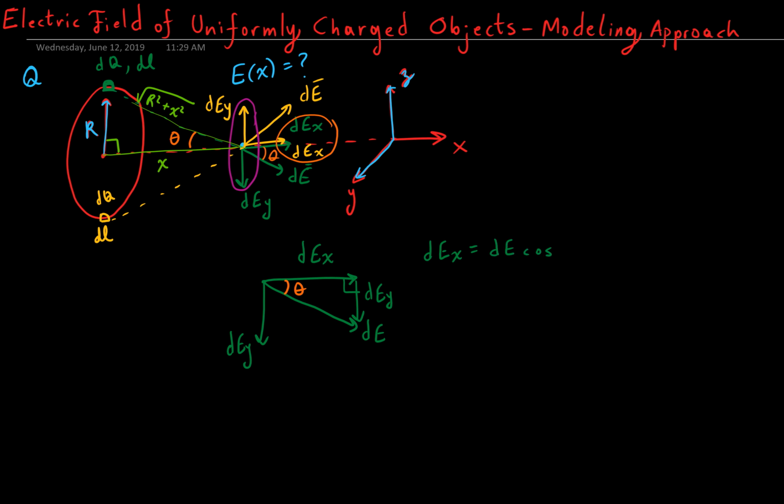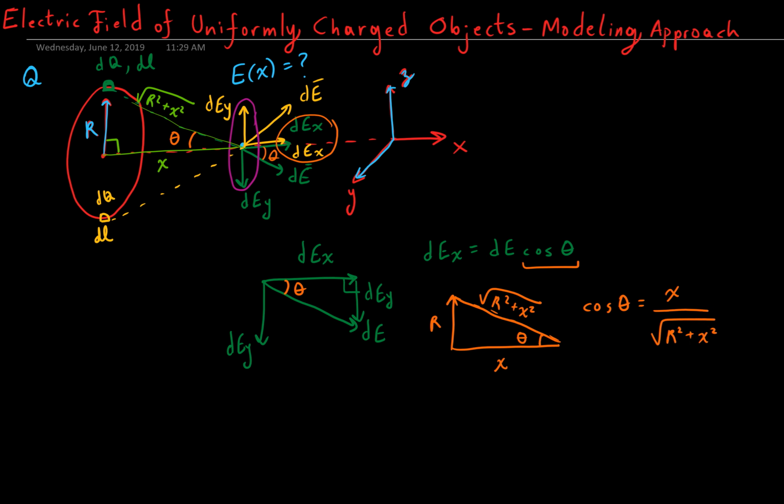cosine of theta. Now we can go back and look at our other triangle for cosine of theta. Here we have x, here we have r, and here we have this hypotenuse as the square root of r squared plus x squared, and we see that cosine of theta is equal to x over the square root of r squared plus x squared.